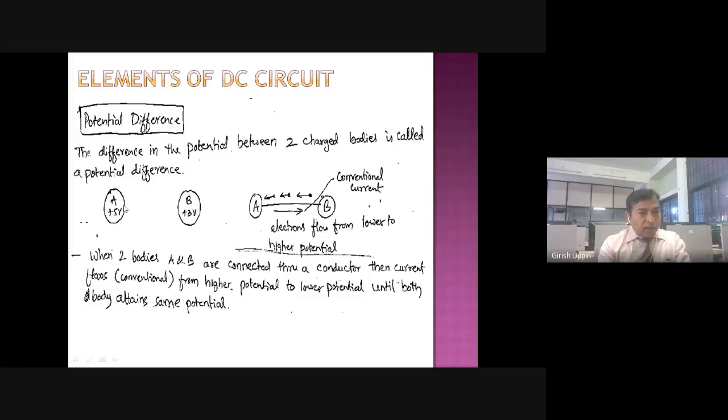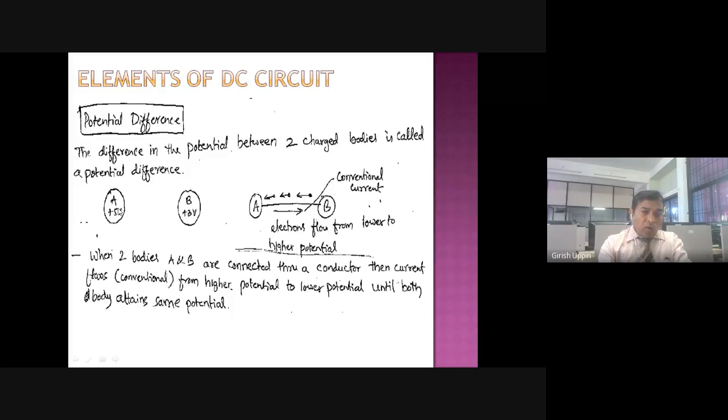If I connect these two bodies with a conductor, the electric charge will start flowing from the higher potential to the lower potential. That is the conventional direction.